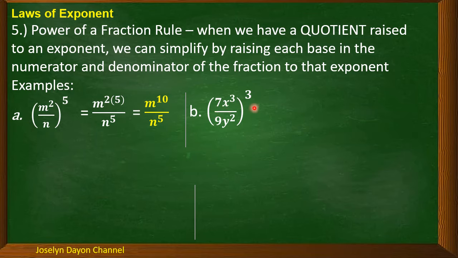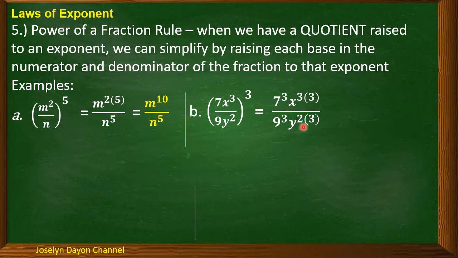So we have to raise the numerator 7x cubed to the power of 3. But in here we have numerical coefficients, so we have to raise 7 to the power of 3 times x cubed to the power of 3, over 9 to the power of 3. Then here y squared to the power of 3.